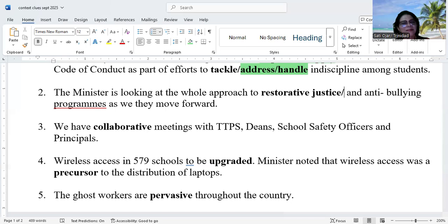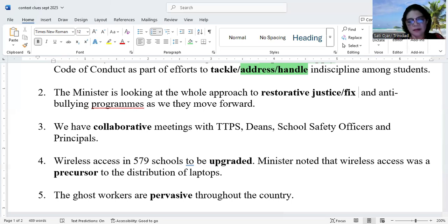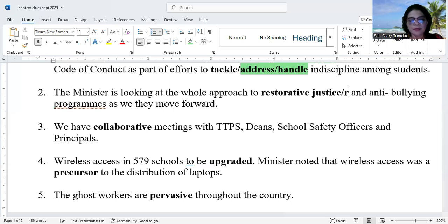Restorative justice means to restore justice. Right, to restore justice, right? But not just that, right? To fix them, the young people, on the right path, or to return them to the right path.